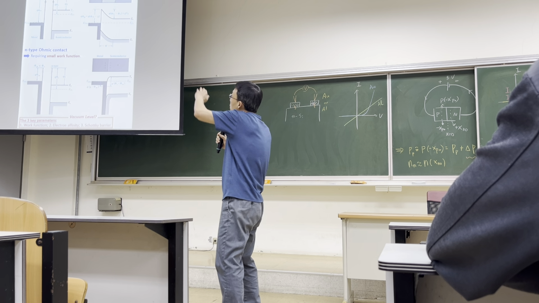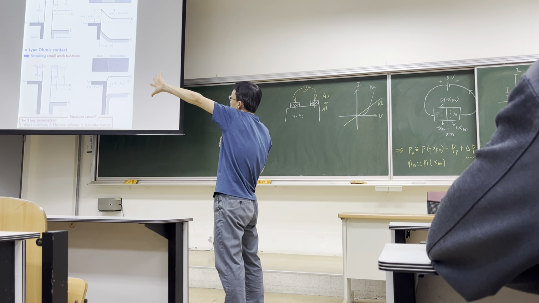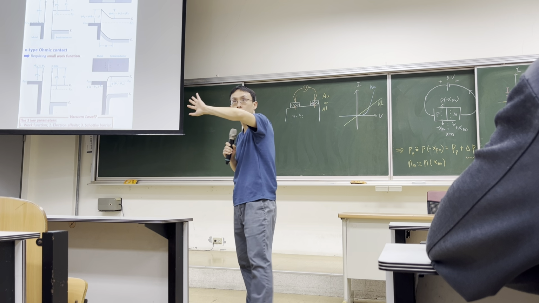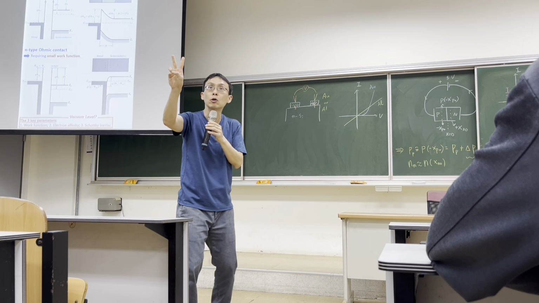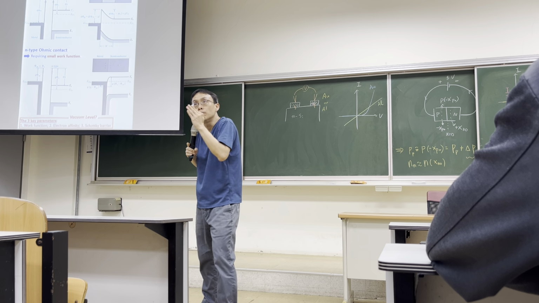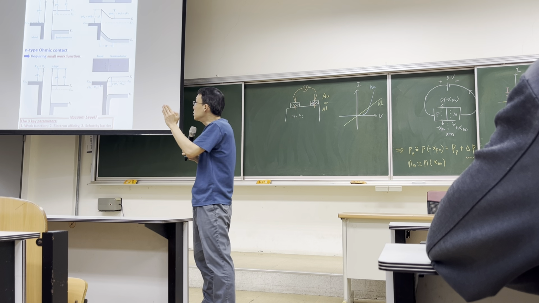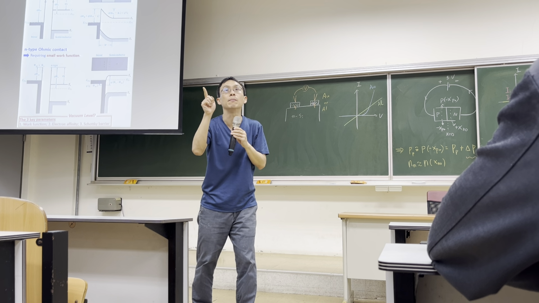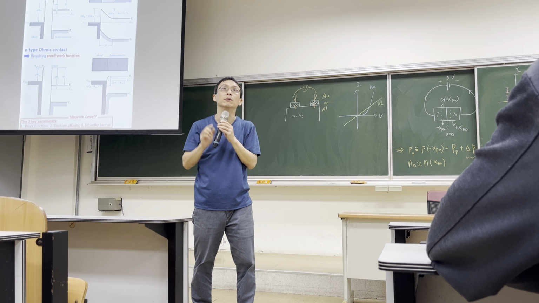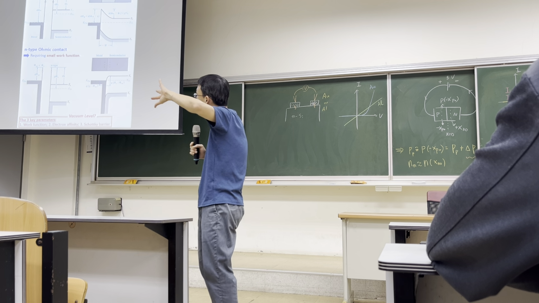So on the figures on the right-hand side, you see two figures. Two different metals, before contact with the N-type semiconductor. So the semiconductor is the same, all of them are N-type. But the metal is different.